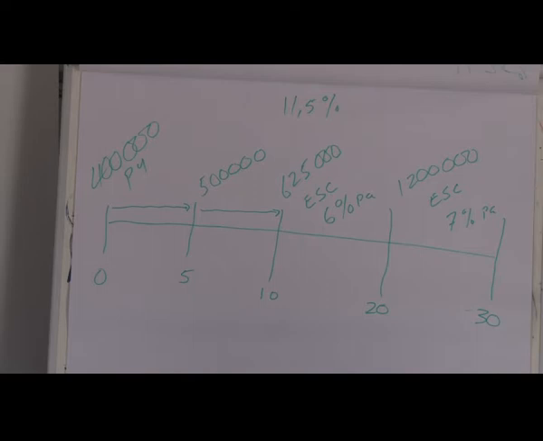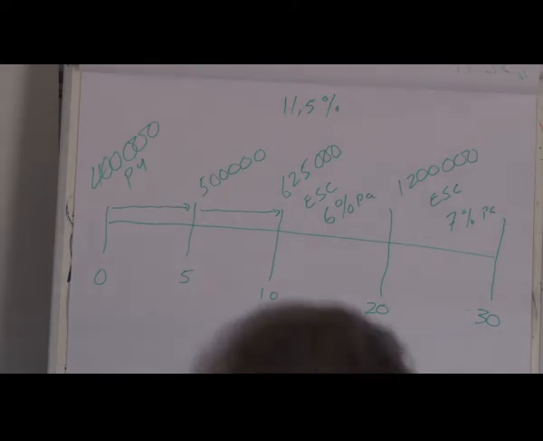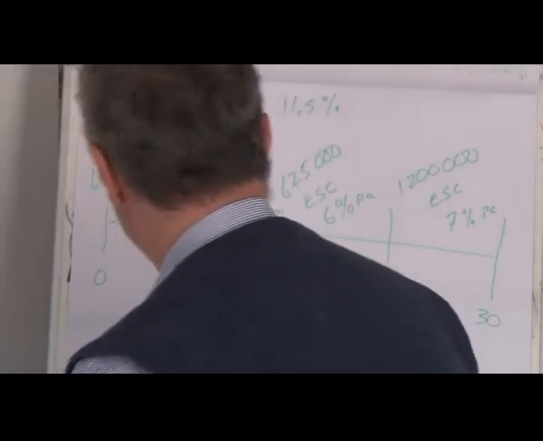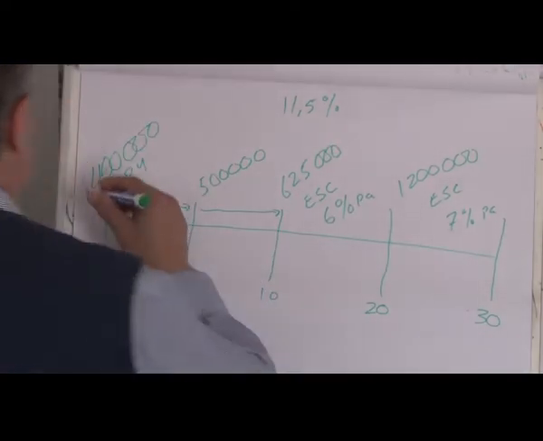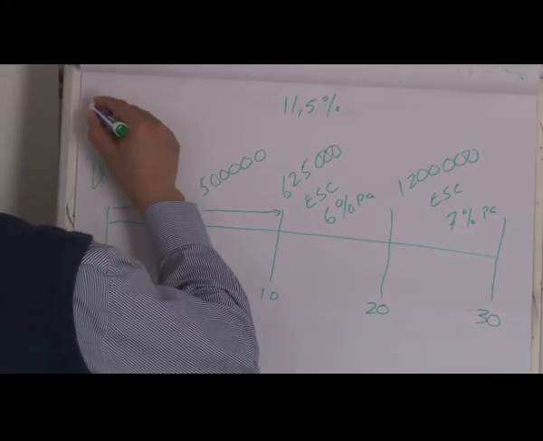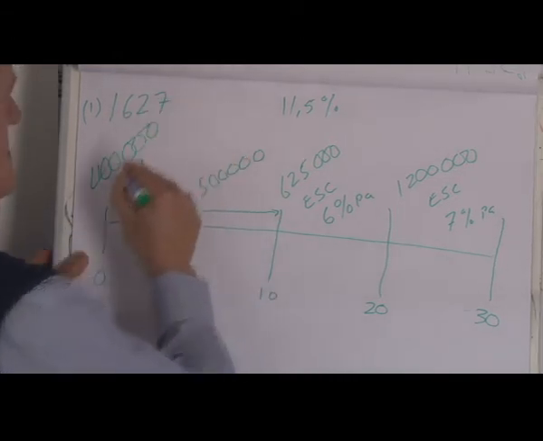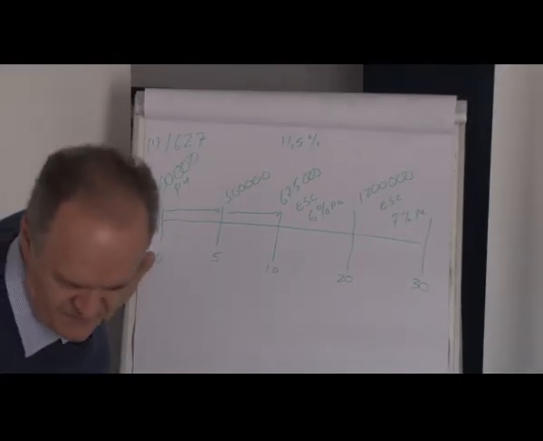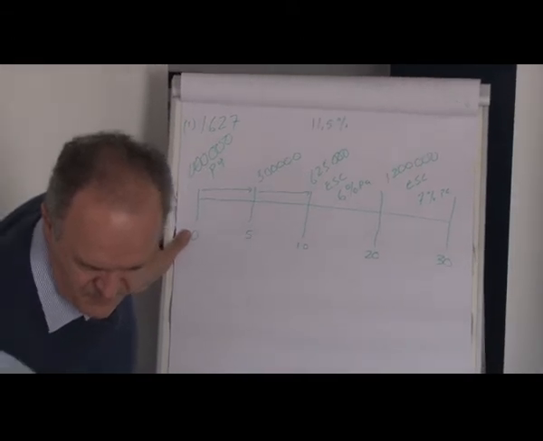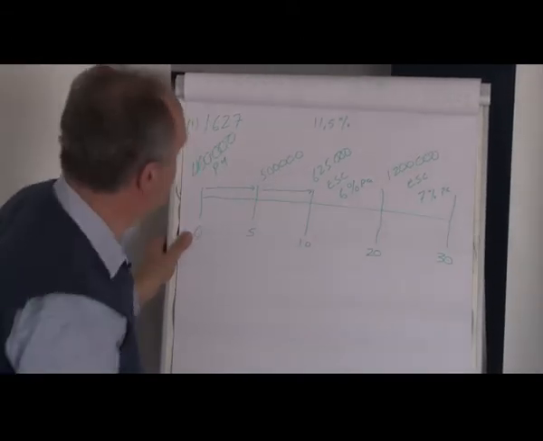So I'm going to write some of these numbers on the board just so we can keep a record of it. We already had a figure here, let's call it the first, of 1,627,845.